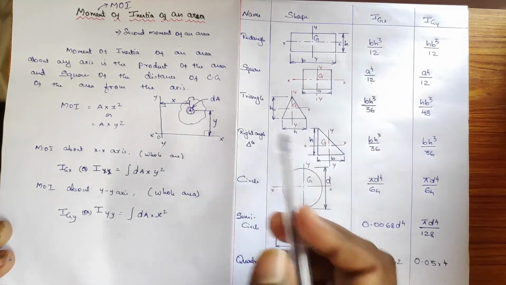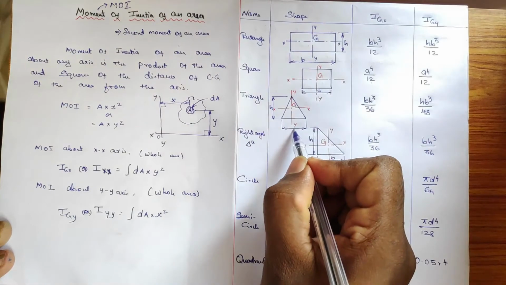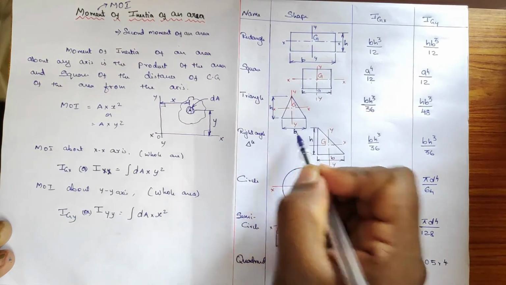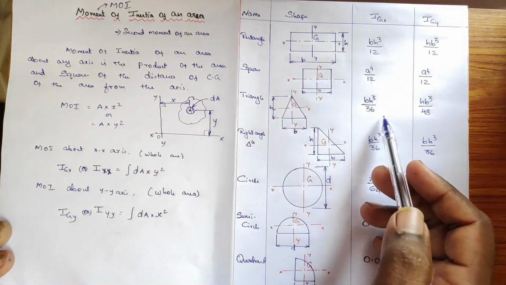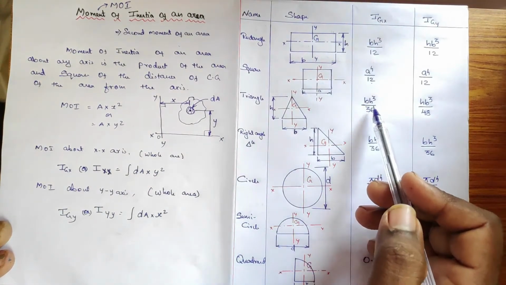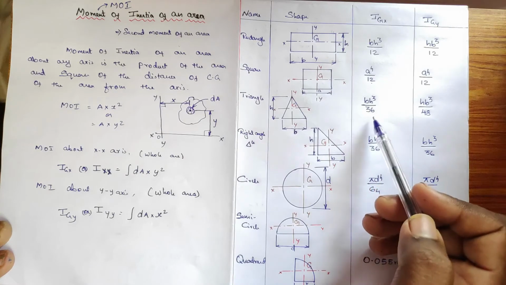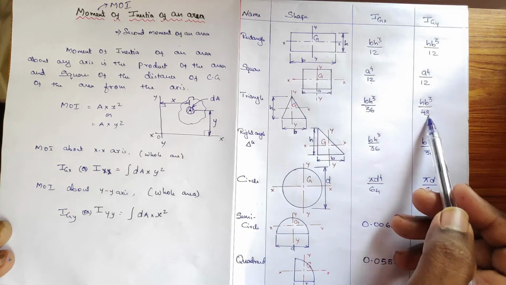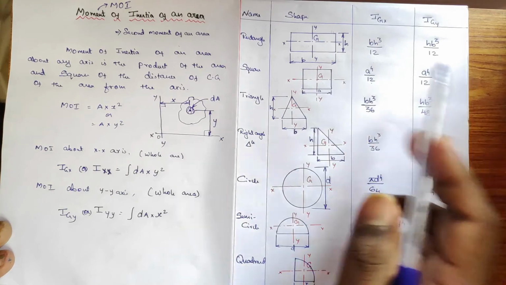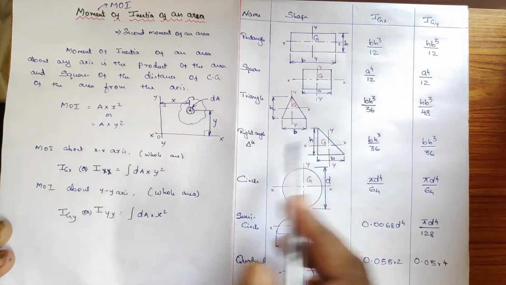And for a triangle, I have considered the breadth as b and height as h. Here the formula for Igx is bh cube divided by 36. Here hb cube divided by 36, just the opposite of it, just like a rectangle. Okay, just look into it.